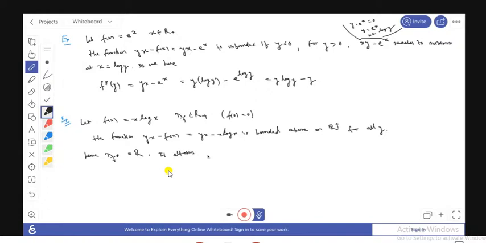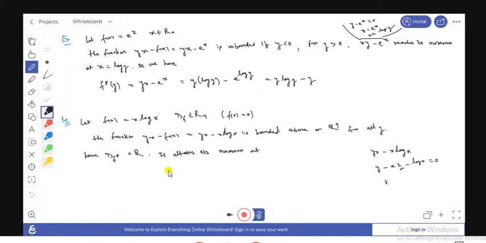It attains its maximum at... if we try to differentiate this function x log x. If we differentiate this with respect to x, this is y minus the first function differentiation of the second, then log x, that equals 0.